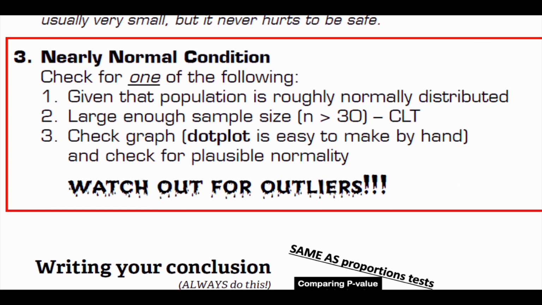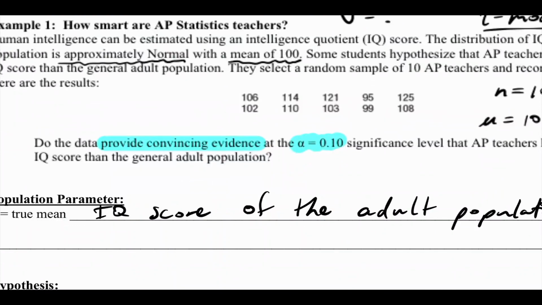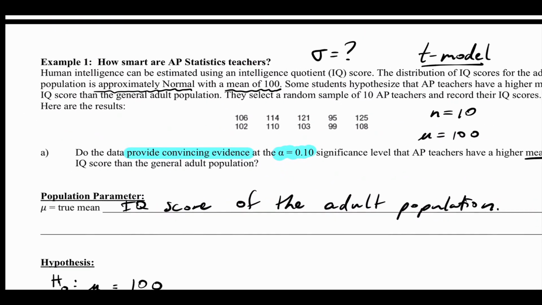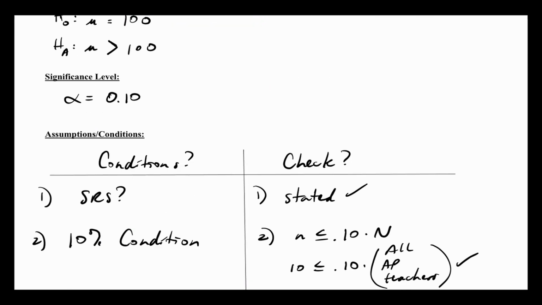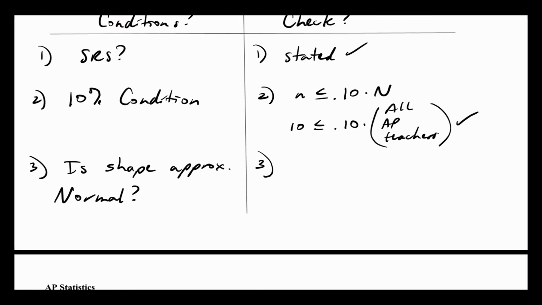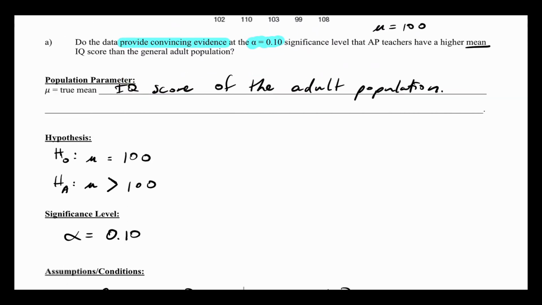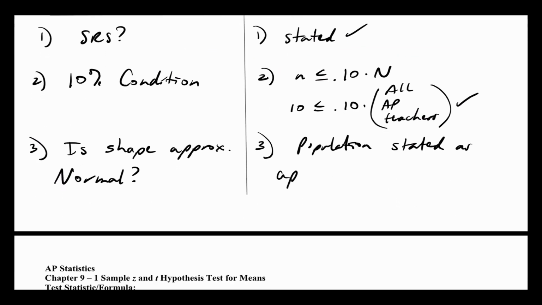So which one is this going to be? 1, 2, or 3? Number 1. Yep, they tell us approximately normal. They say the adult population is approximately normal. That's why I underlined it earlier, because I knew we'd need it later. Population stated as approximately normal.